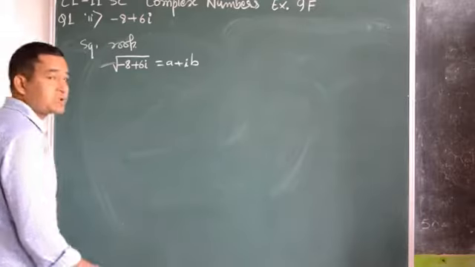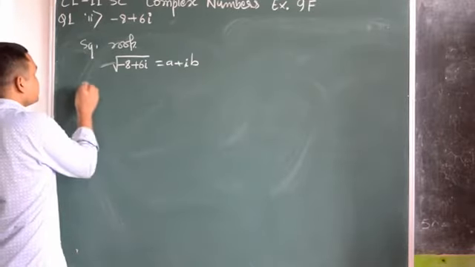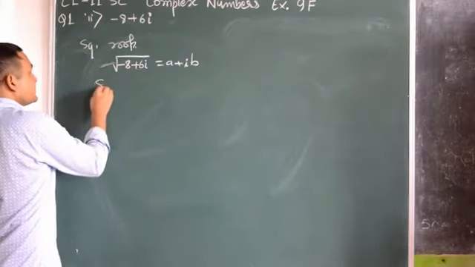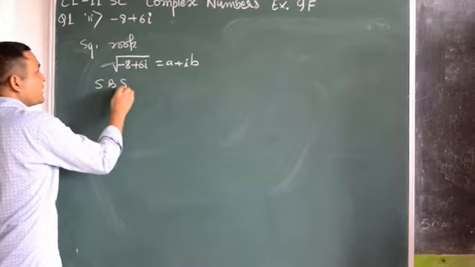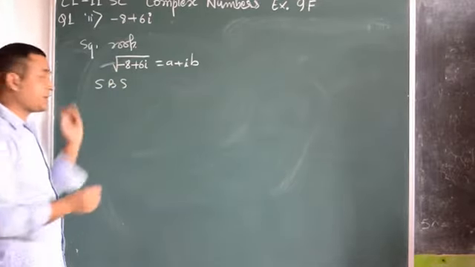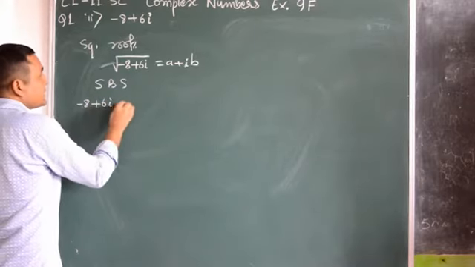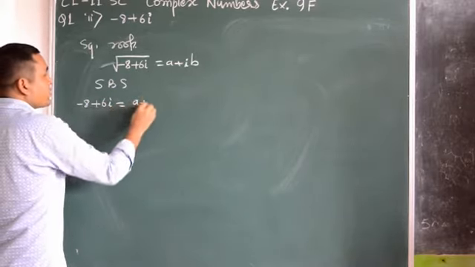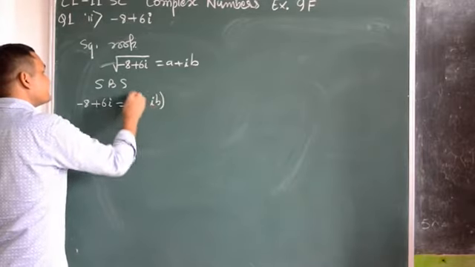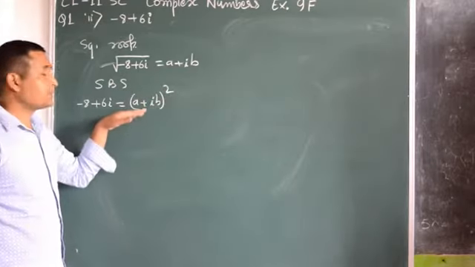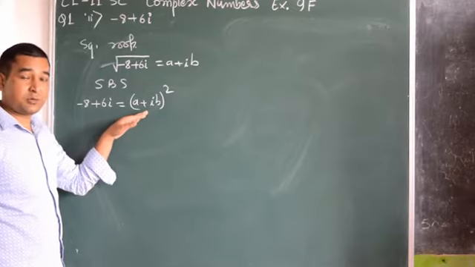Then do the squaring on both sides. Second step, squaring both sides. The square and root cancel. That means minus 8 plus 6i equals (a plus ib) whole square. Now use the formula of (a plus b) whole square.